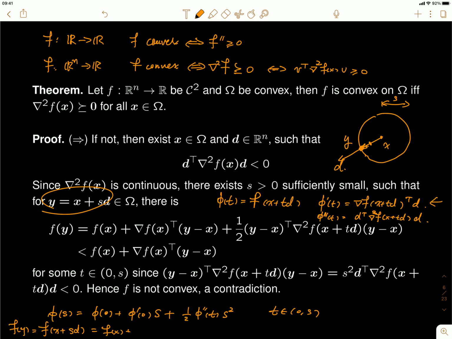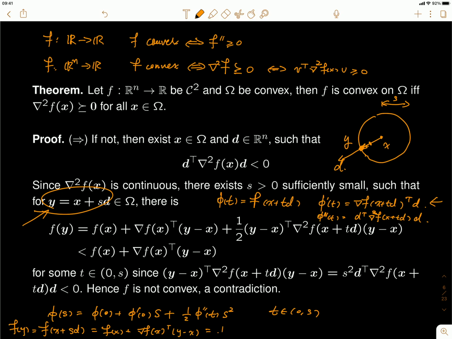You just plug in t equals 0, you will get gradient f of x transpose times d, and there is another s here. So I actually have d times the scalar s, but d times the scalar s, again according to that, is equal to y minus x. So that's y minus x.